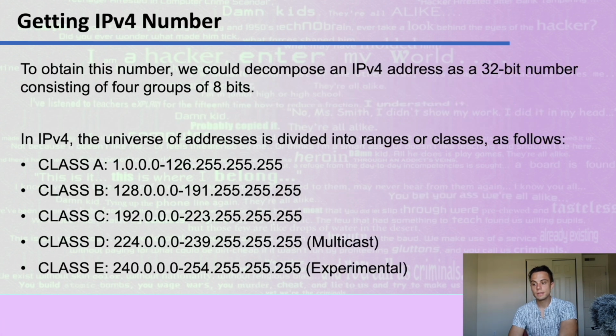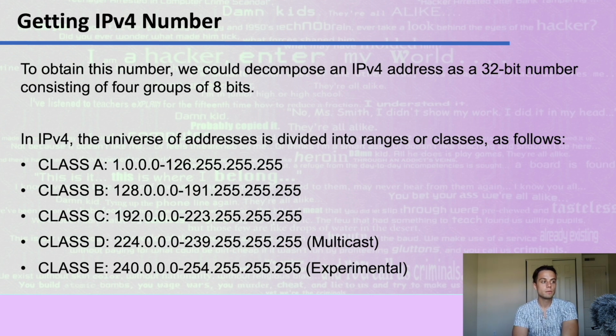IPv4 addresses normally consist of 4 groups of 8 bits. 8 bits means that there are 256 possible numbers for each position. For each of those 4 positions, you have 256 possible numbers, and this is how we calculate how many IPv4 addresses there are.